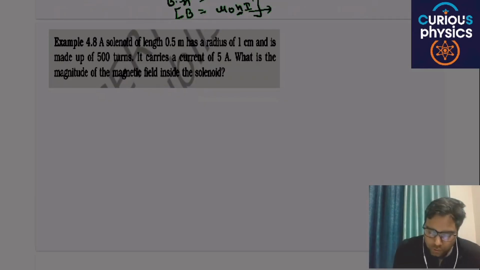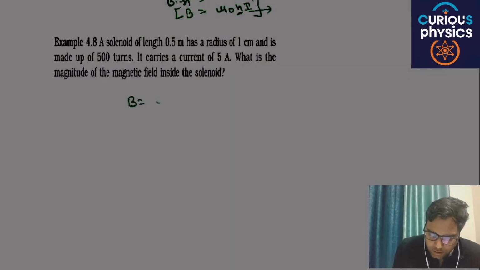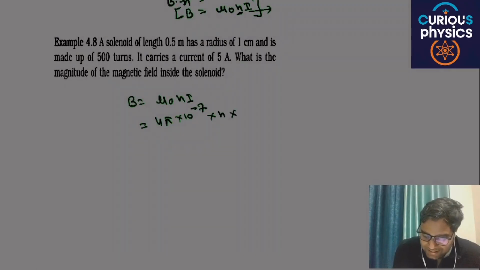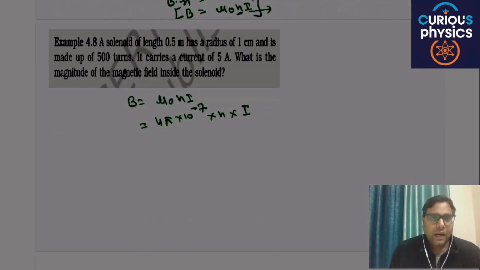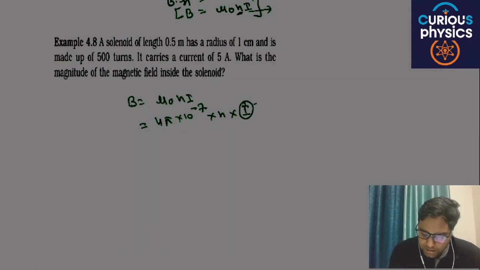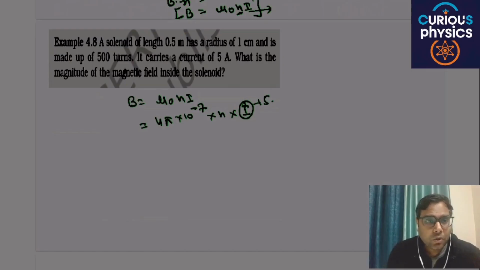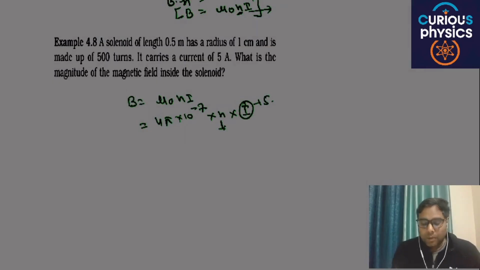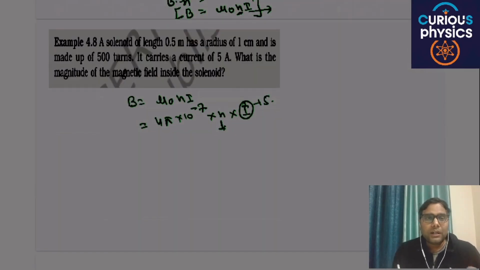You know the formula: mu naught n into I. Here mu naught is given, you know mu naught is 4 pi into 10 raised to power minus 7. I is also given, I is 5 ampere, but n is not directly given. Then how to find the value of n? Then n is the number of turns per unit length.